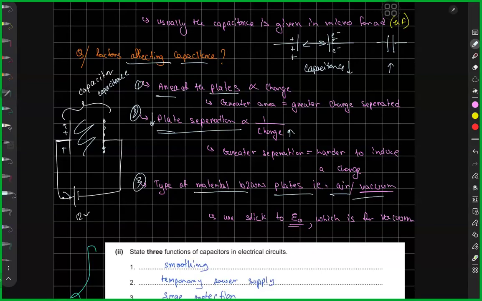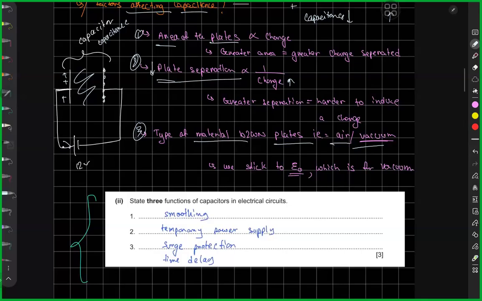So for some time you will have energy being supplied to the bulb. For a few seconds or minutes, whatever the type of capacitor you have, it will be discharging energy such that the appliance in the circuit gets that energy. If I'm talking about a bulb, it will light up for a few more seconds.